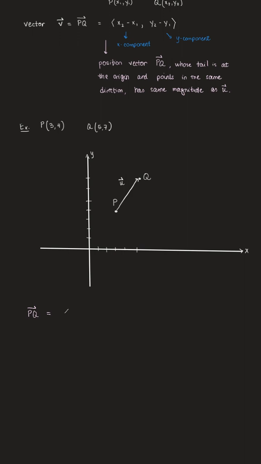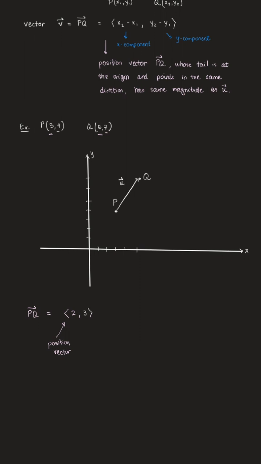So I'm going to use this bracket notation to say we're dealing with a position vector. This always represents a position vector that starts at the origin. The tail is at the origin. And I'm going to subtract corresponding components. So the first component of this vector is going to be 5 minus 3, which is 2. The second component of this vector will be 7 minus 4, which is 3.